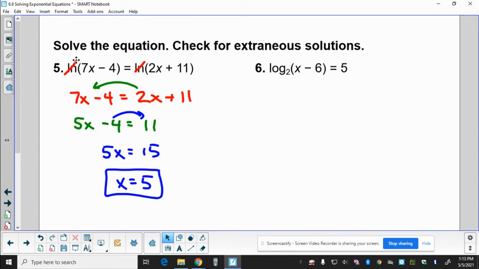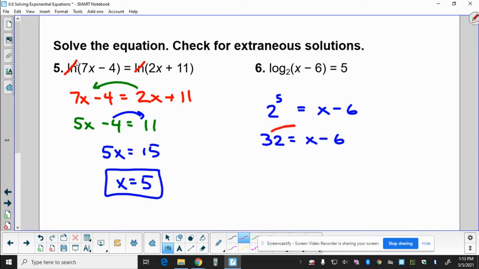Number 6, I would rewrite it as an exponential function. 2 to the 5th power equals x minus 6, which is 32. So I think what I'd do is move that up, back that up.